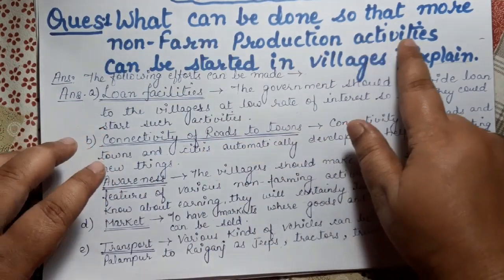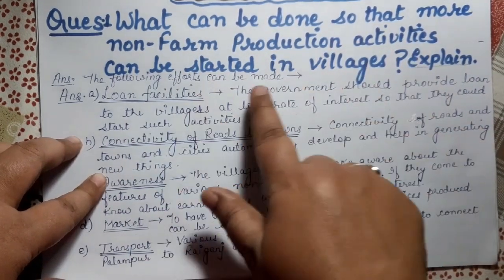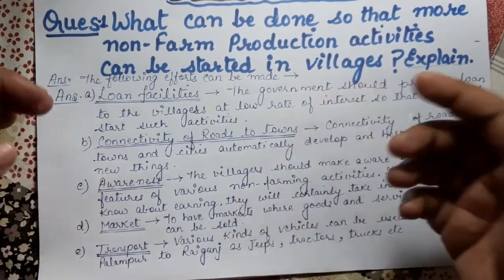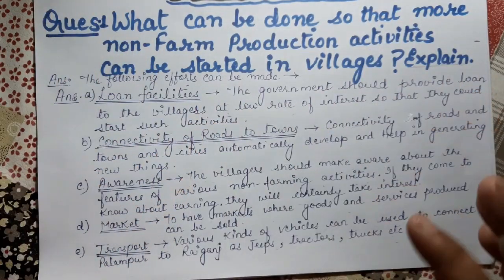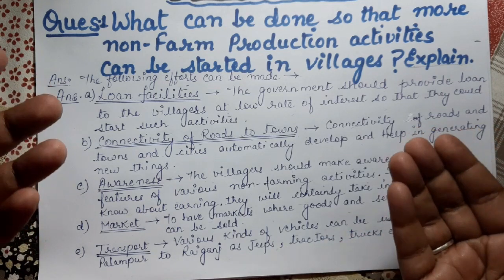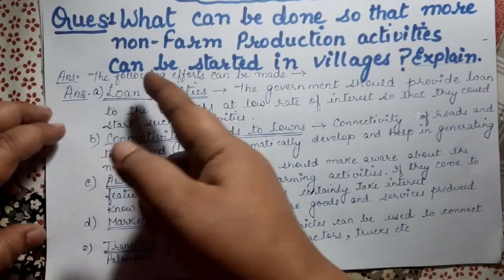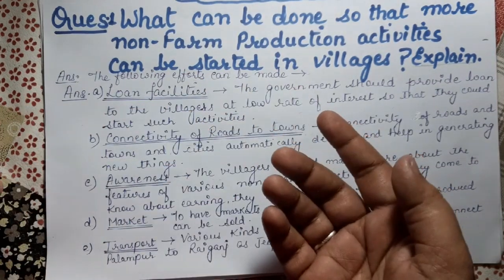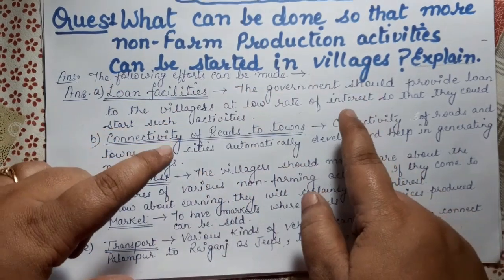What can be done so that more non-farm production activities can be started in villages? Explain. If the statement is given with explanation, it means this is a long answer. So how will you write? Firstly, you will give the statement: the following efforts can be made.